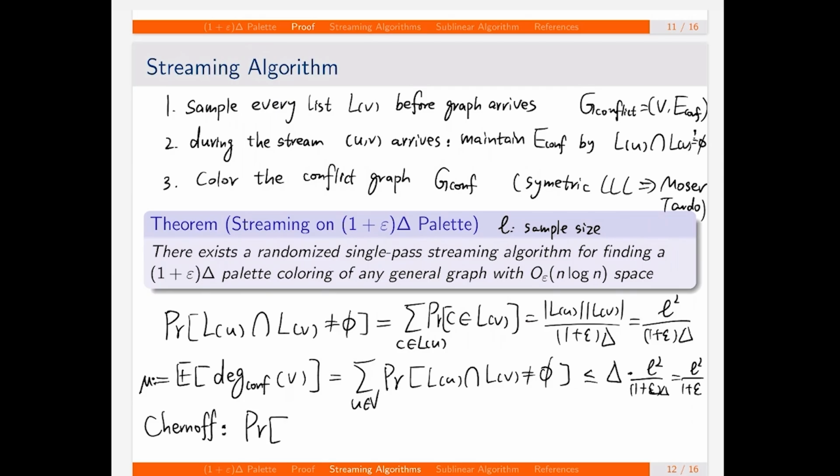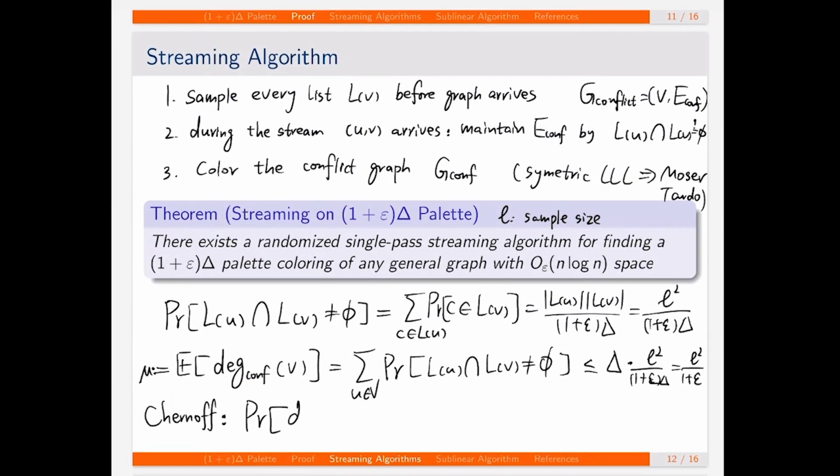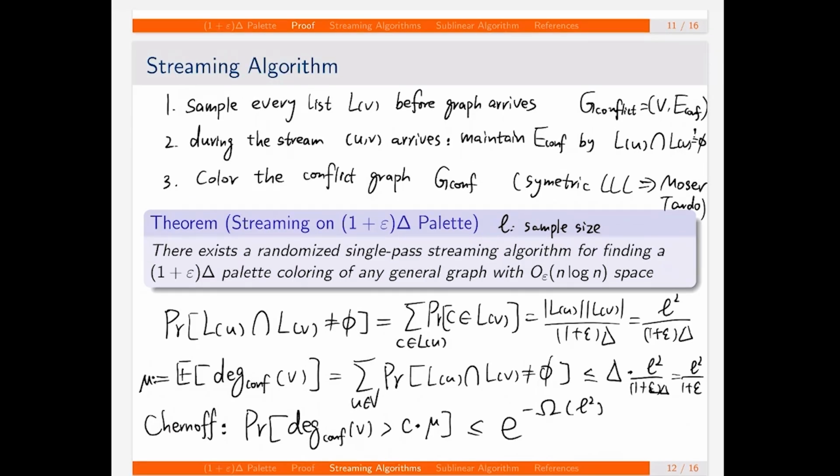The probability that the degree of the conflict graph of V is greater than some constant C times this expectation mu is less than or equal to the tail, which is something like e to the minus omega of L squared. Notice that mu equals theta of L squared here, and therefore this equals e to the minus omega of mu.